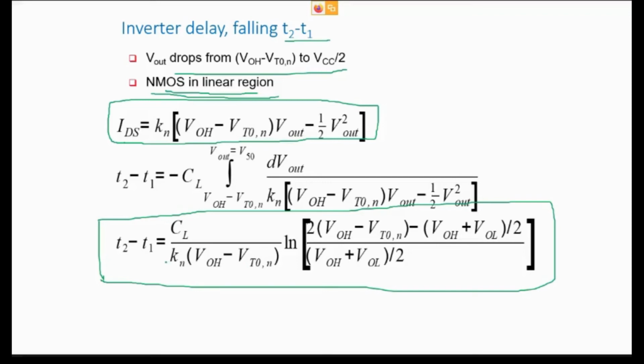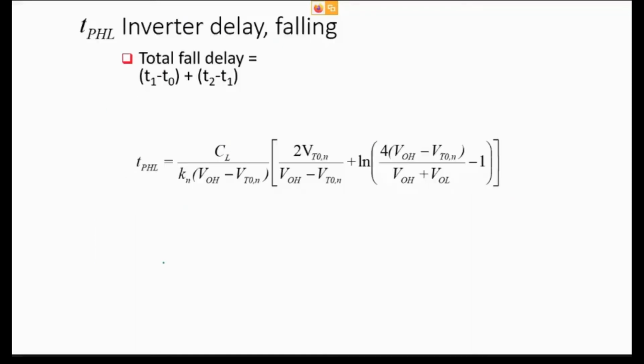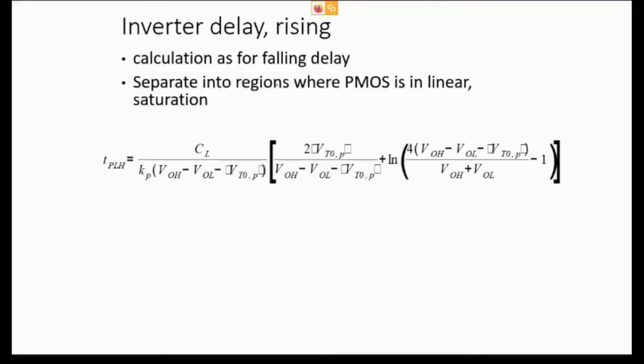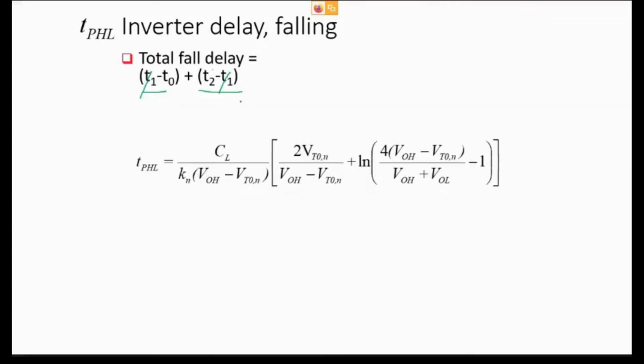So now your entire delay, the total fall delay, is equal to T1 minus T naught plus T2 minus T1. So just this and this will be eliminated. So this comes out to be T2 minus T naught, and your tau PHL is equal to this.